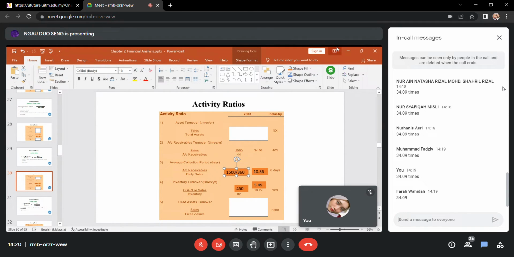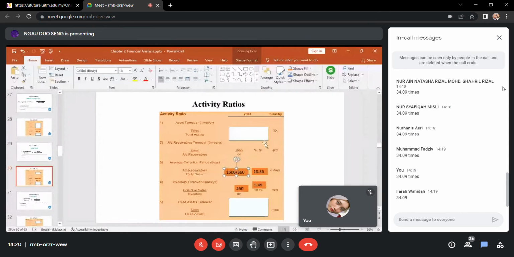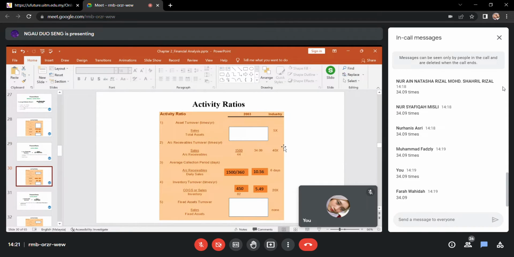Sorry, 34.09. So we compare with the industry. We have 40 as compared to 34. For this ratio, higher is better. So the industry is better as compared to the company, which is only 34.09.